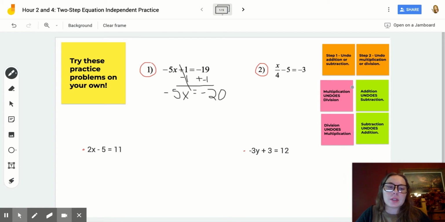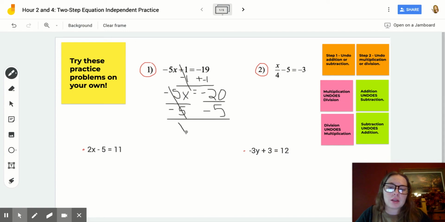All right, now step 2 says to undo multiplication or division. In this case, we are multiplying negative 5 and x together. In order to get that x by itself, we have to undo multiplication with division, the inverse operation. So I'm going to divide both sides by negative 5 to get that x by itself. Negative 5 divided by negative 5 is 1, or 1x, so that cancels out.